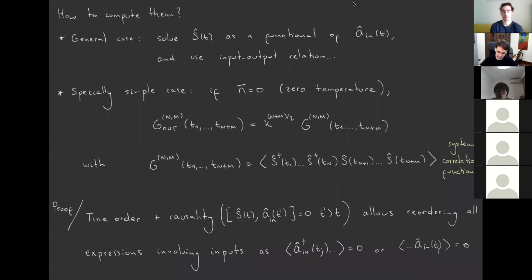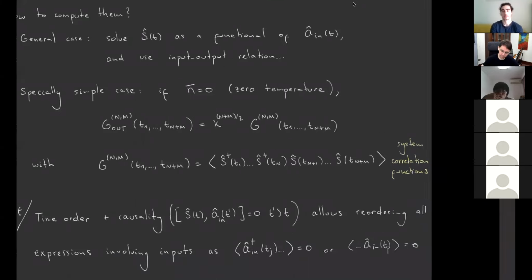So this is an extremely useful expression, and it's actually what we are going to focus on from now on, these intracavity correlation functions, but keeping in mind that we can measure them in an easy way.